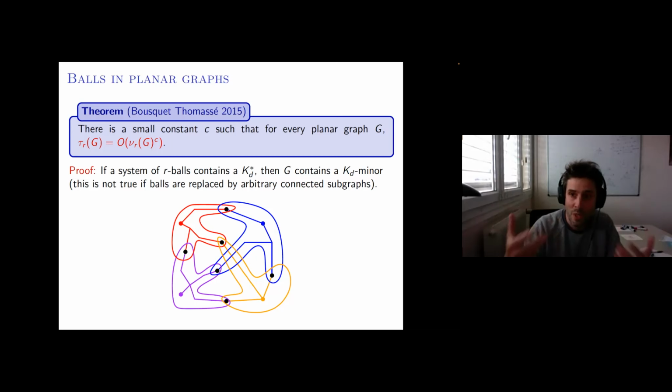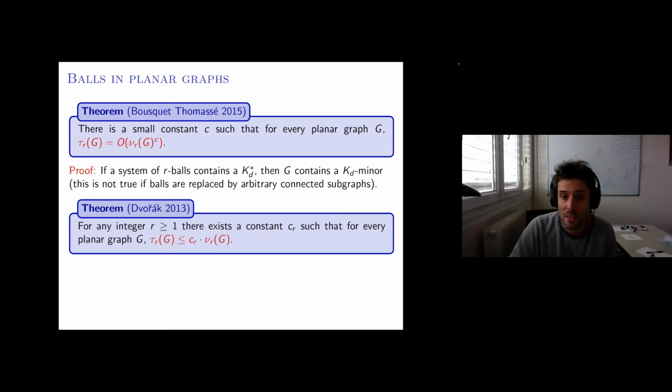You will really find the intersection graph of the balls as a minor in your graph. That's quite useful. And again, balls are necessary here. All right, so this is the first result. If you want to convince yourself that the conjecture is true, at least you should be able to relate tau and nu in a way that doesn't involve R, and this is the case by this result.